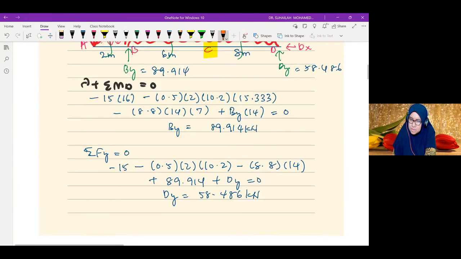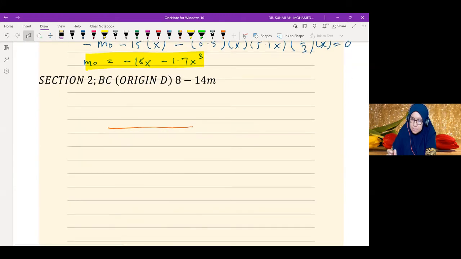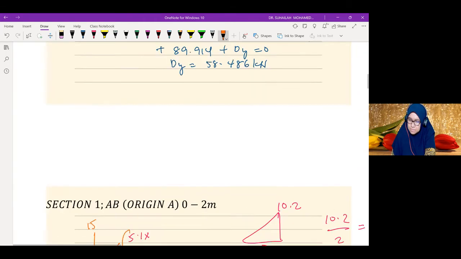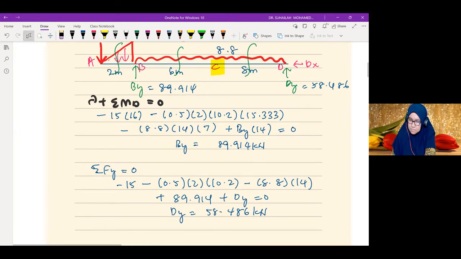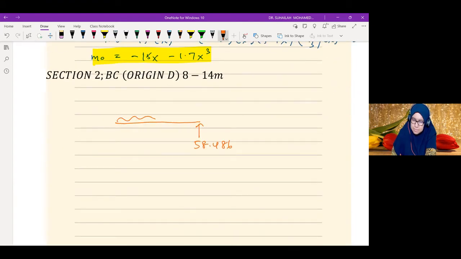The reaction is 58.486. It is UDL. So this is D, this is C. This is the cutting point, moment M naught.